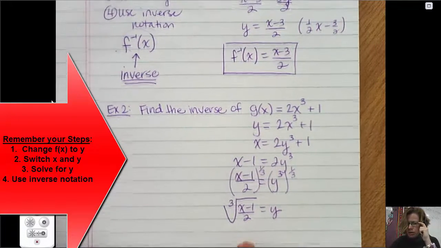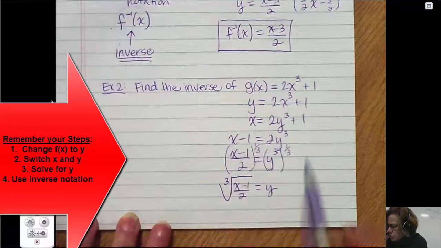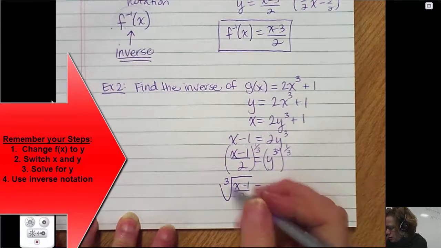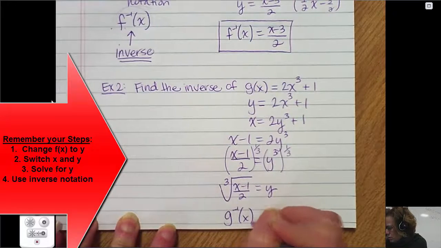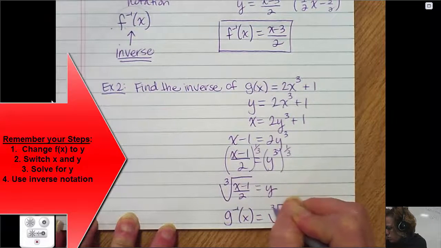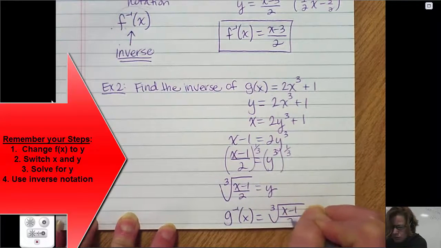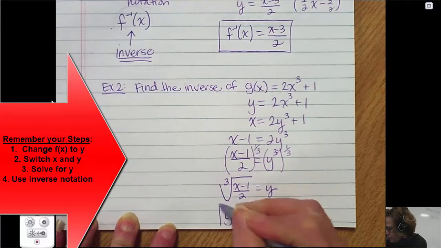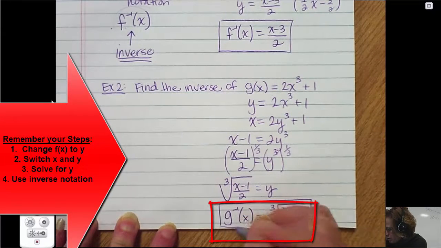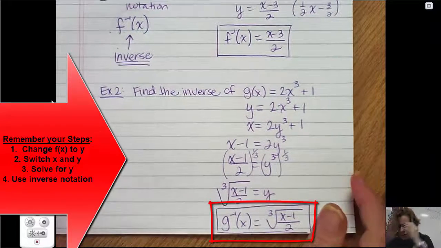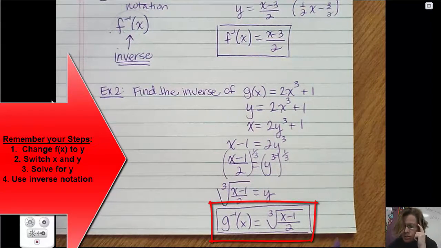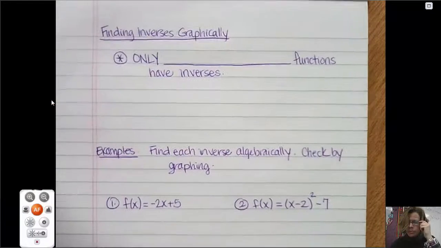And then finally you use your good inverse notation. So this function's named g, so we'll say the inverse of g of x is the cube root of x minus 1 over 2. And you're done. So it's a pretty quick and simple process. Replace your f of x notation with y, switch x and y, solve for y.